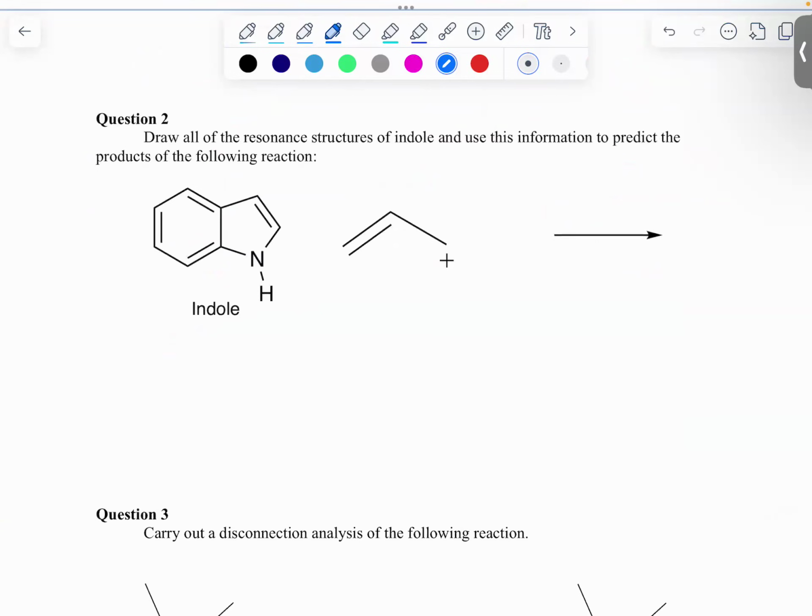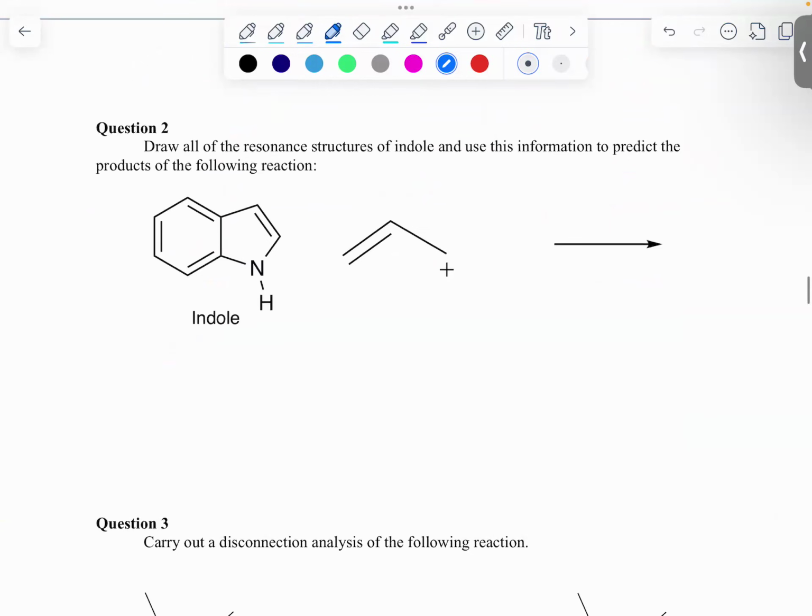So, moving along, we have drawing all of the resonance structures of indole to predict the products of the following reaction. So, we'll start with moving our electrons around. We have a lone pair on the nitrogen. I'll start with the blue.